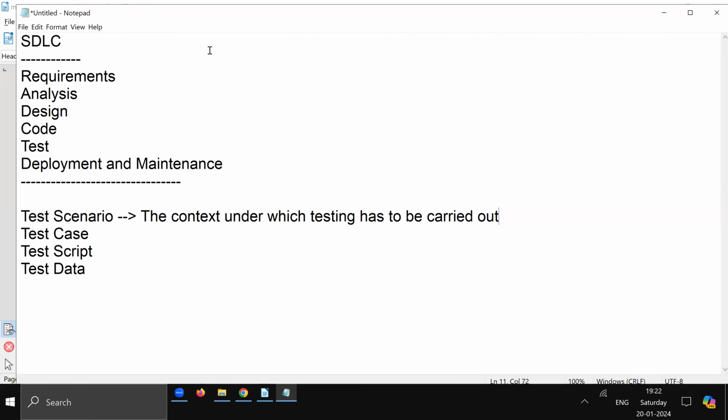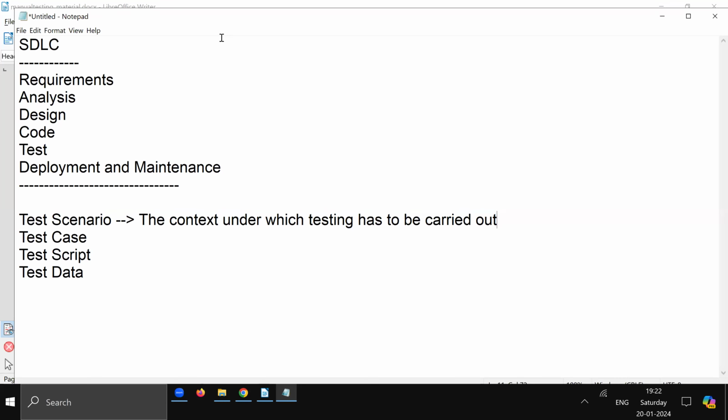You testers would be knowing everything about Notepad even before it is developed. Why? Because you would be studying the requirements, right? Just assume that this Notepad was developed for fulfilling the requirements of a group of users. Okay. Now, what are the main components of Notepad? Can anybody tell me? Notepad. You just assume that this itself is the product developed by your company. Of course, Notepad was developed by Microsoft. You just assume that there is your company in place of Microsoft.